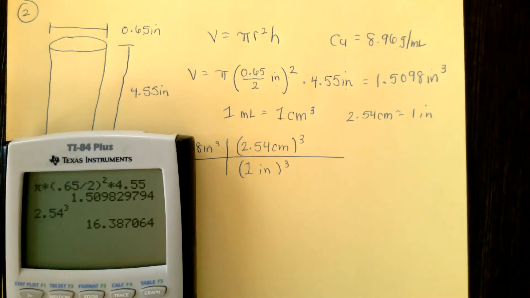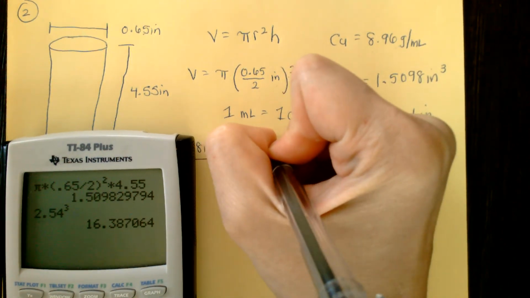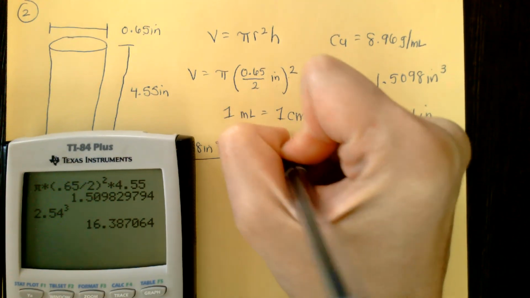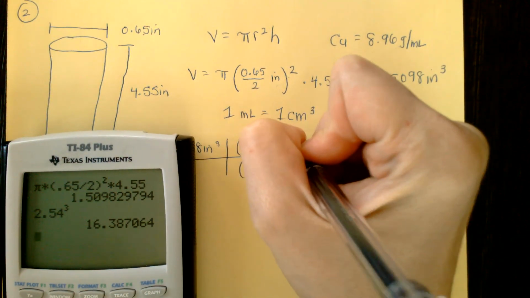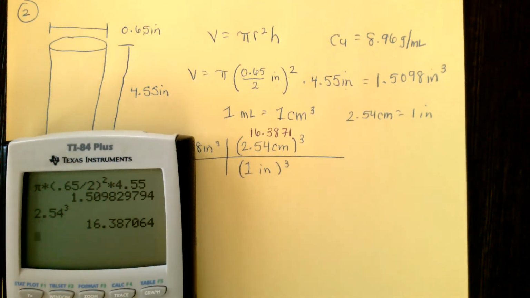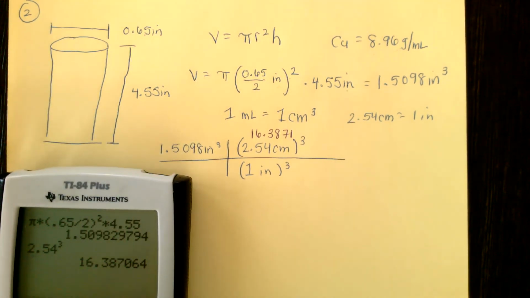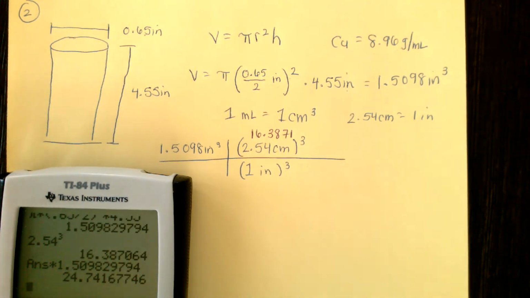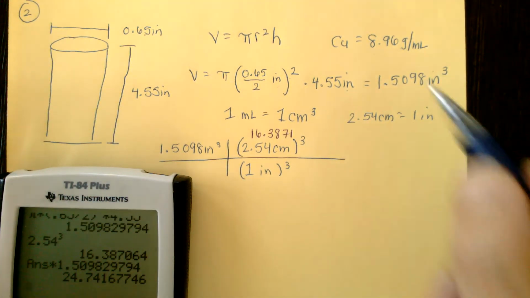Okay, so 2.54 cubed, that is 16.3871. Okay, so we're going to take that and multiply it by our 1.5098 from above, and we get this here.